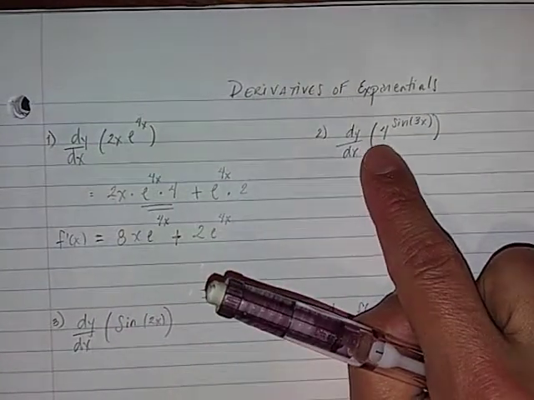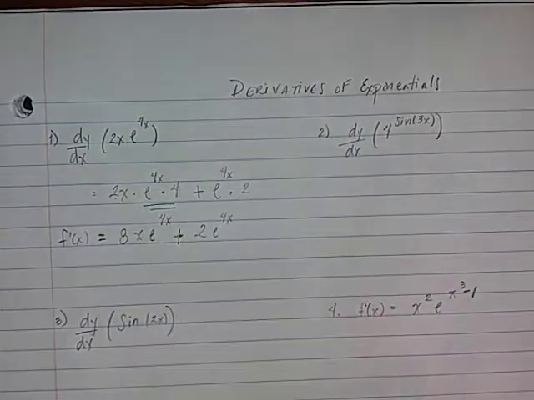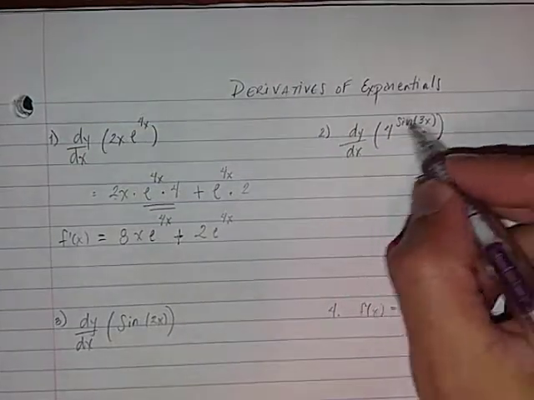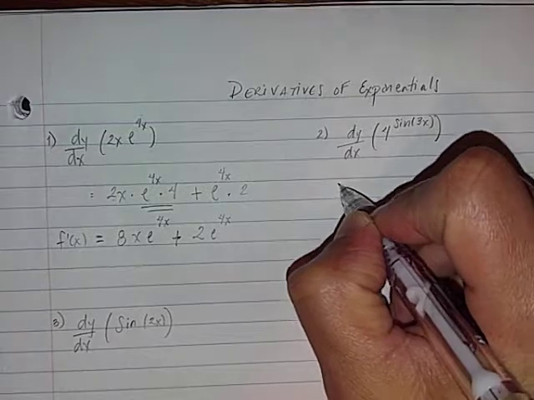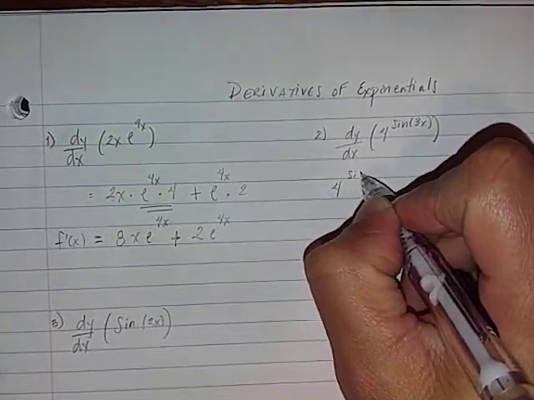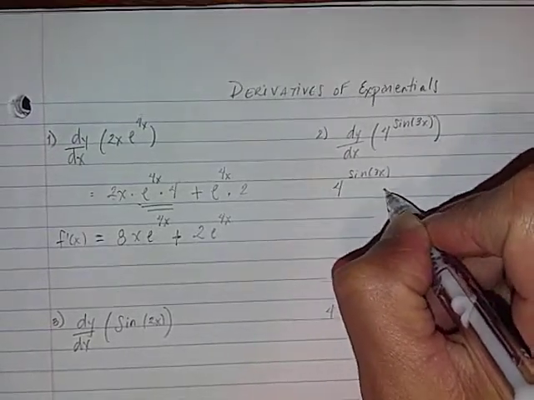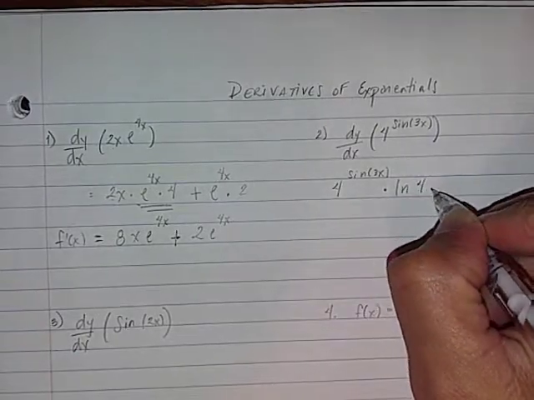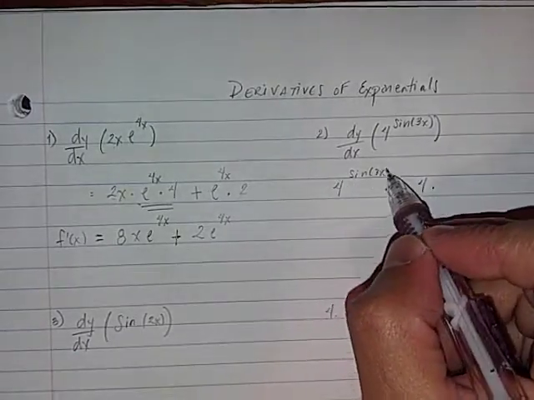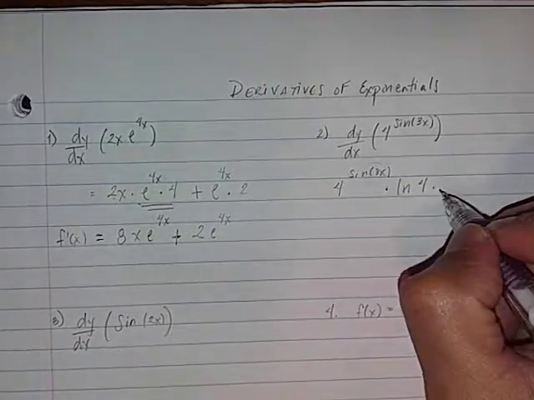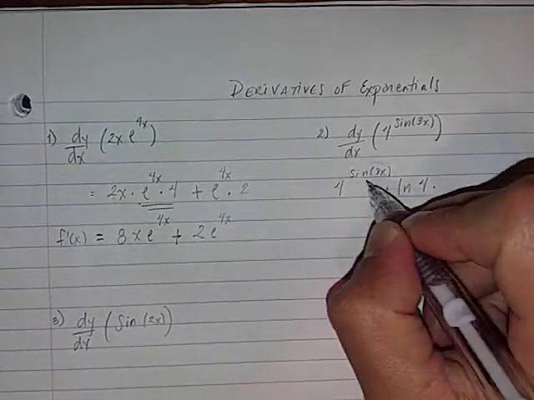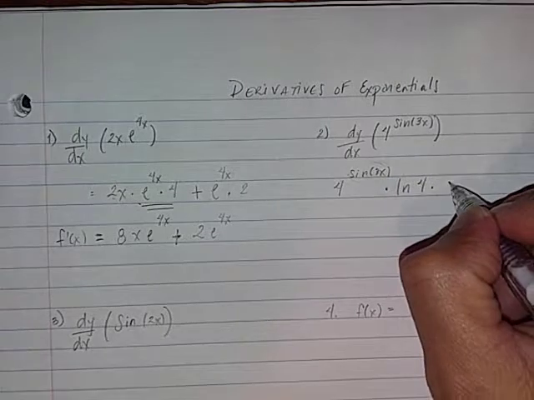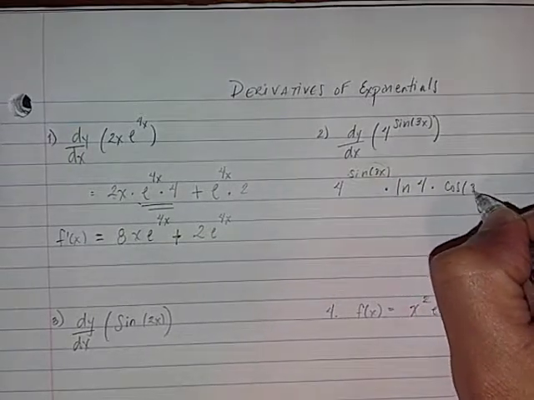If you notice this one, exponential 4 to the power of sine of 3x. Well, we know that any exponential, it's the same thing. So 4 to the power of sine of 3x, that's how we start, times ln of the base. The base is 4. But because we have a function inside, we have to take the derivative of that using the chain rule. The derivative of sine is cosine of 3x.